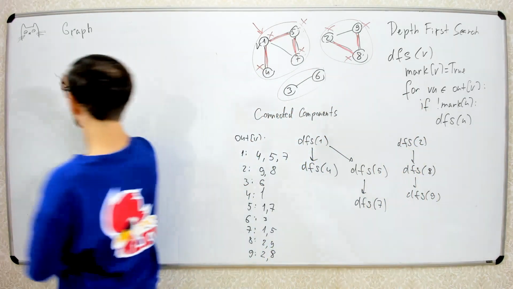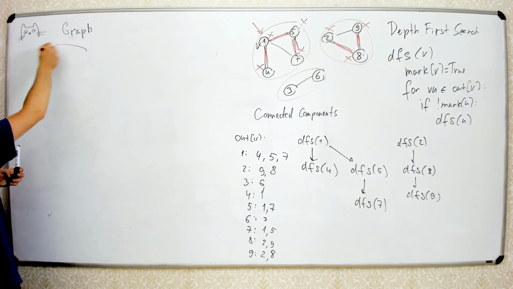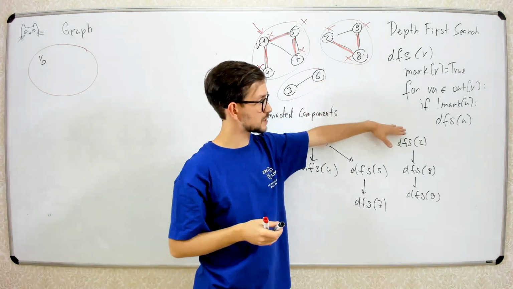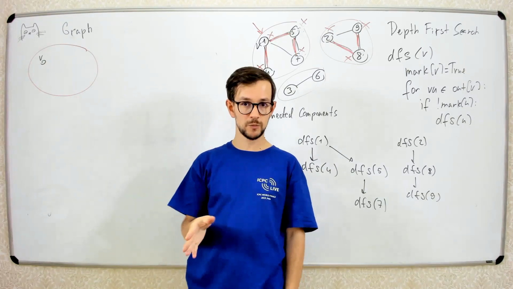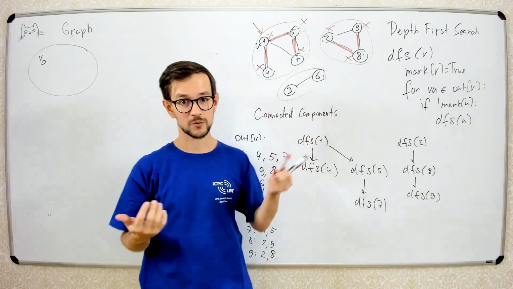So if I have some node V, it belongs to some connected component, then by the end of this DFS, all the nodes in this connected component will be marked and nothing else will be marked. That's basically what it means that I will mark the whole connected component, right?